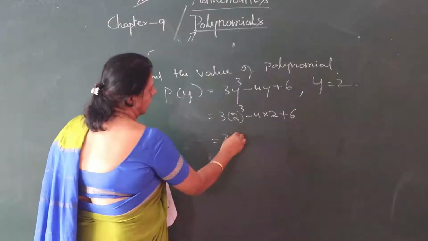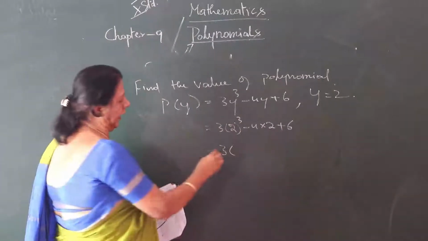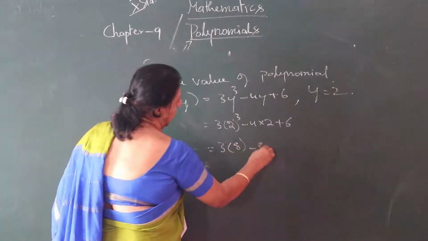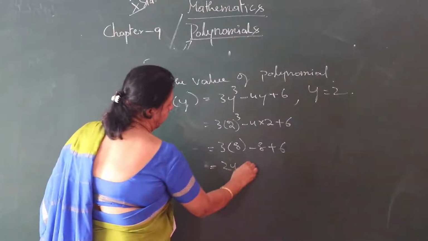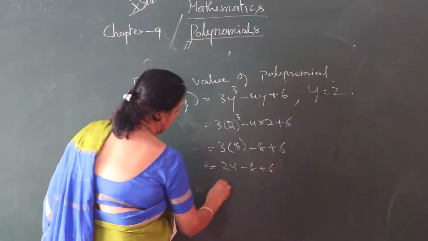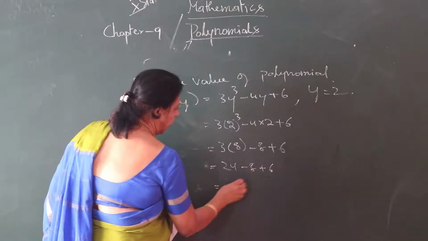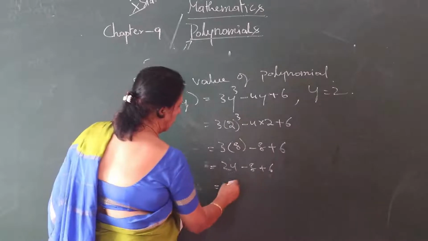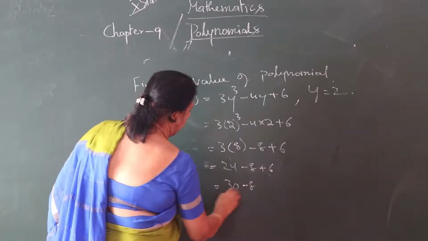Simplify, children. So here 2 into 2 is 4, 4 into 2 is 8. 8 minus 8 plus 6. So 8 times 3 is 24, minus 8 plus 6. 24 plus 6 is 30. 30 minus 8.